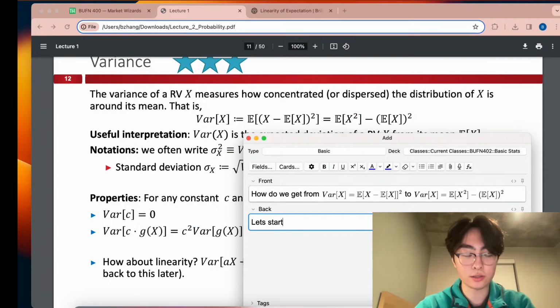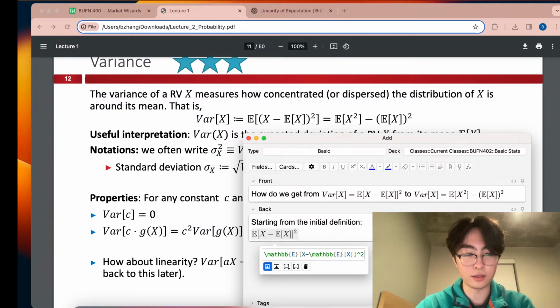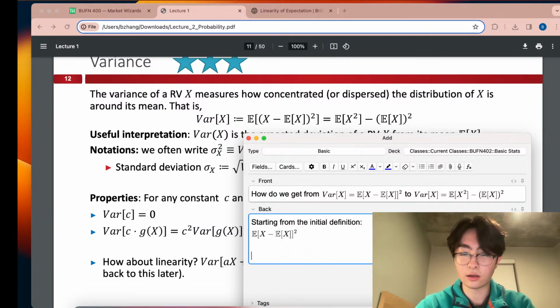Let's start, so starting from the initial definition, so this is going to be expectation, the final definition.